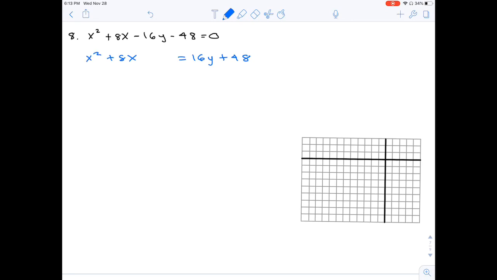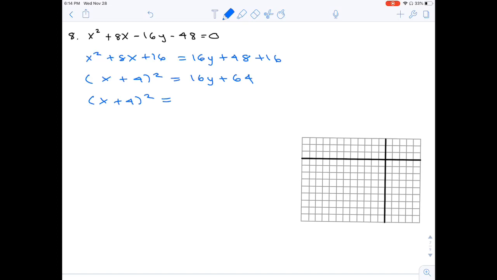Completing the square, 8 divided by 2 is 4. 4 squared is 16. So I'm going to add 16 to both sides. So this leaves me with x plus 4 quantity squared equals 16y plus 64.